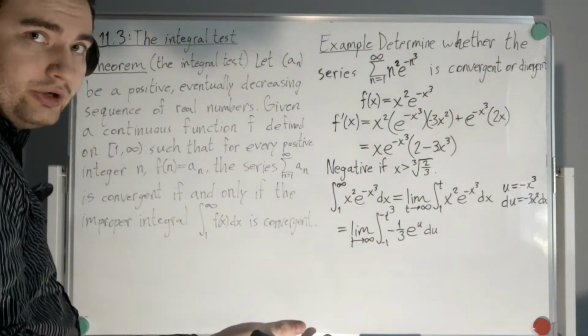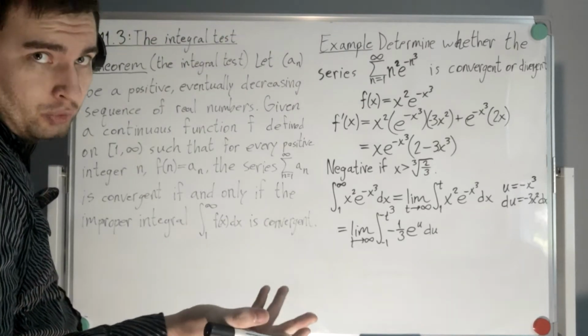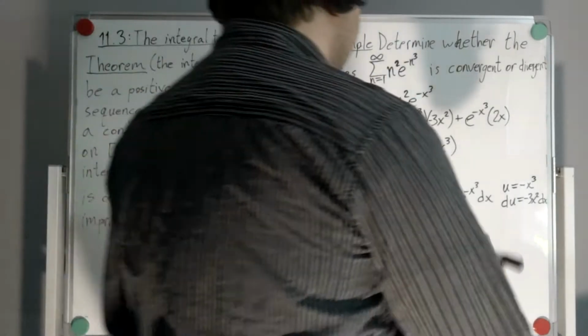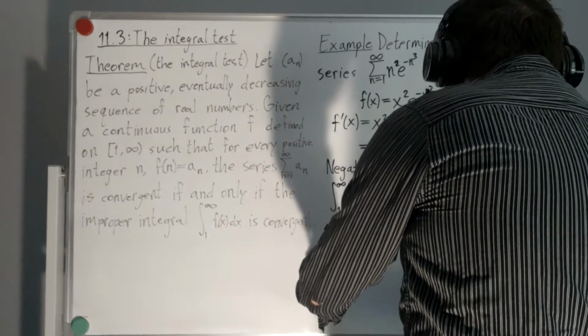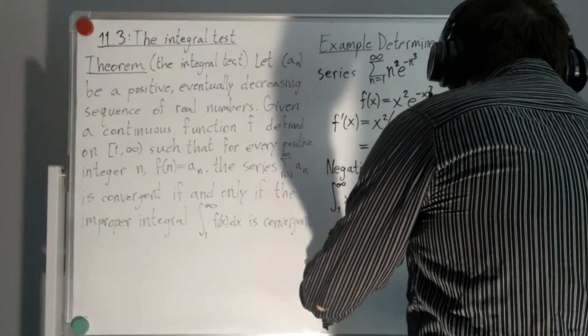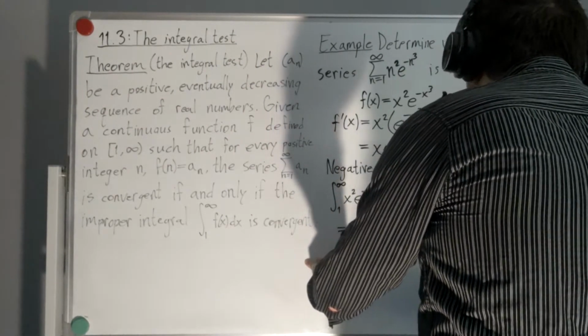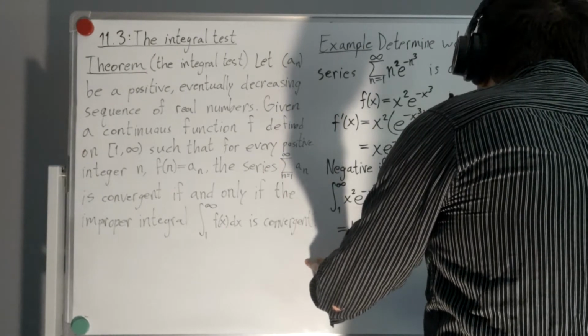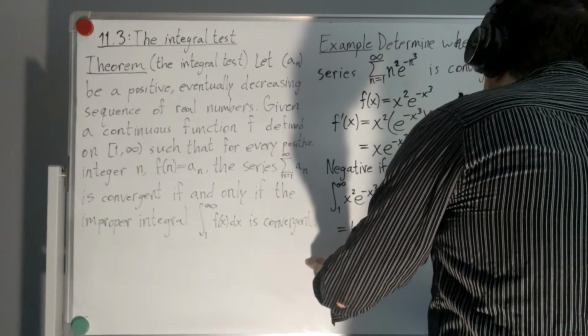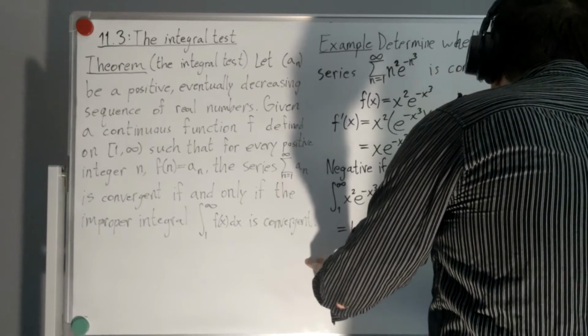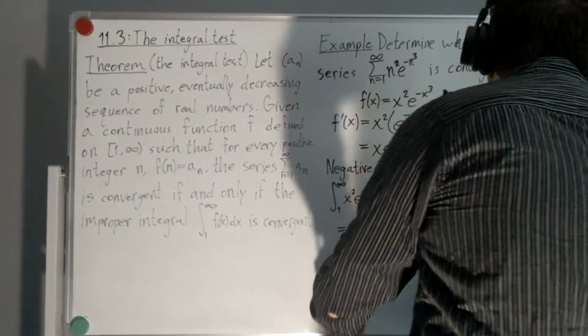And so, of course, the antiderivative of e to the u is just e to the u, which means that this is going to be the limit as t approaches infinity of negative 1/3 e to the u, evaluated from negative 1 up to negative t cubed.